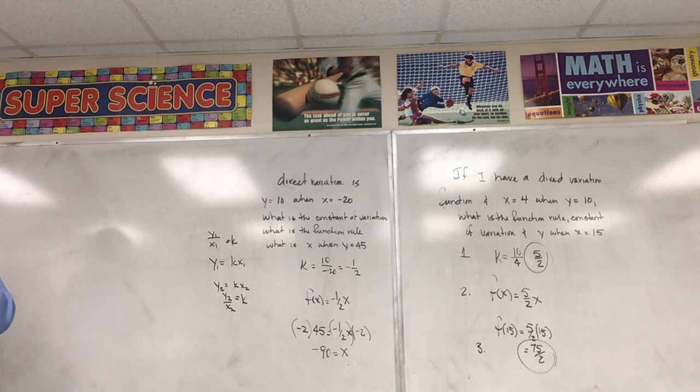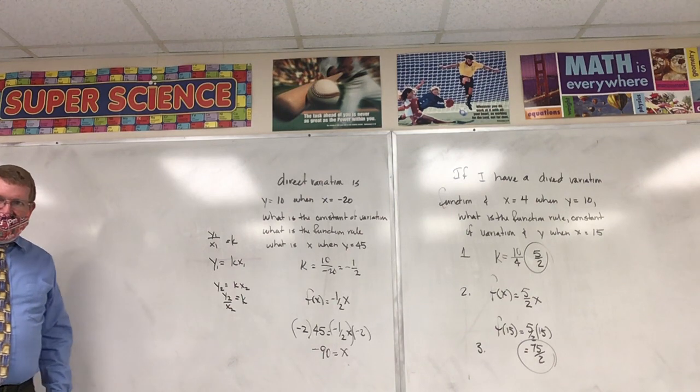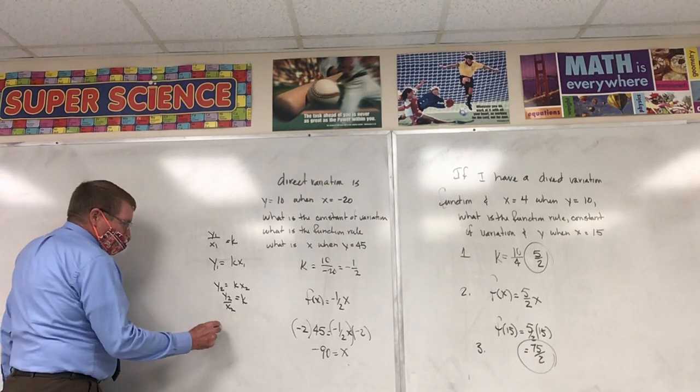What does the k represent? Constant. What does constant mean? Always the same. So in any direct variation problem, my k's are the same. So I'm going to set these equal to each other.